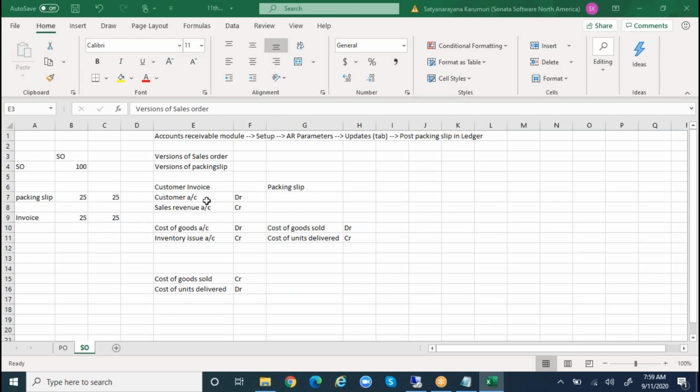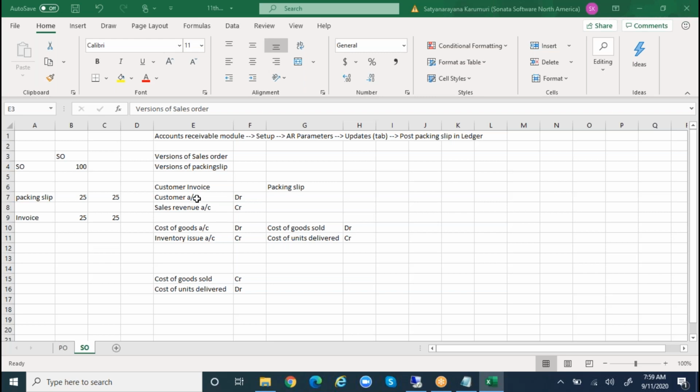Okay, here you need to remember, this is the actual invoice account, and these two accounts are used at the time of packing slip, and at the time of invoicing it is reversed. All these accounts are in the item group only. Only the customer account is in the customer posting profile.